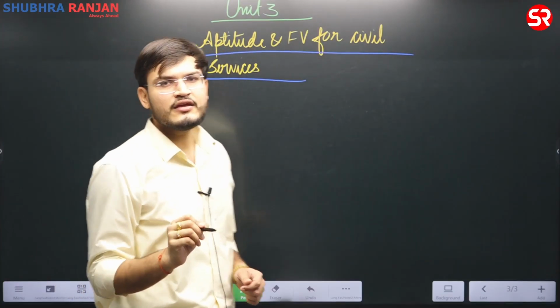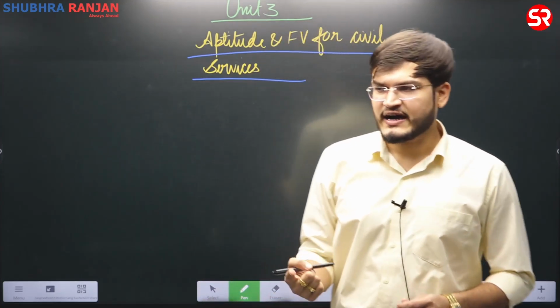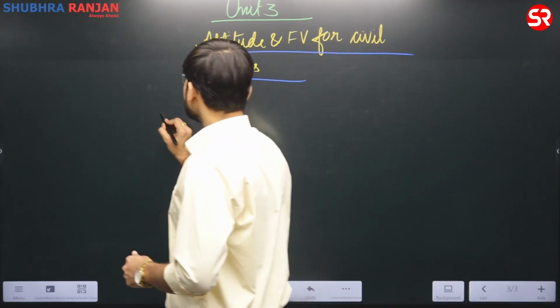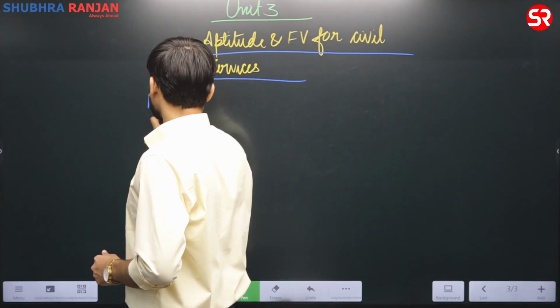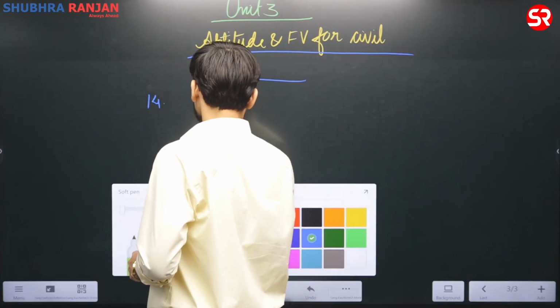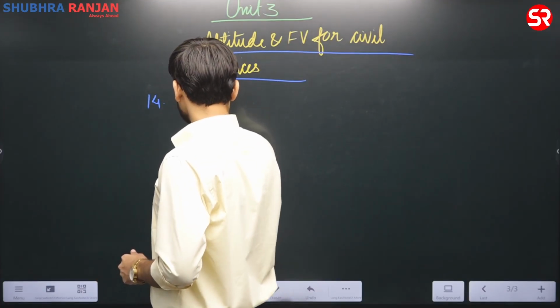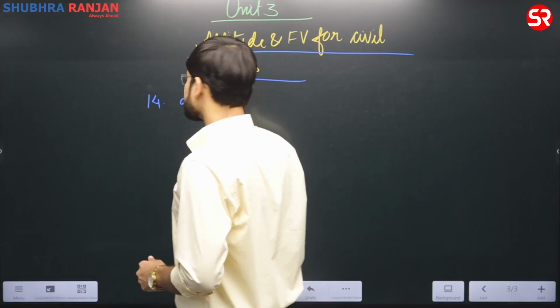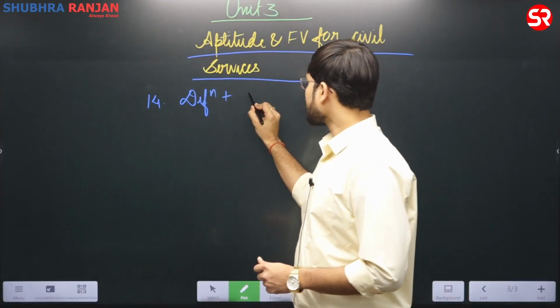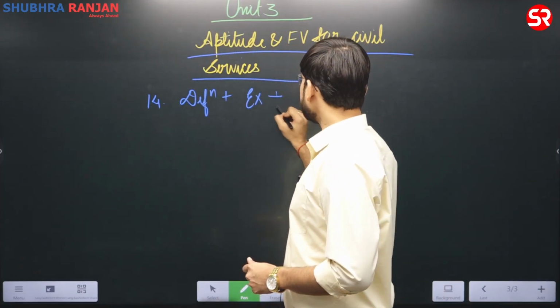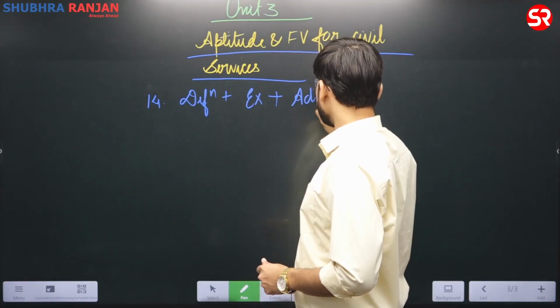Now if you see unit number 3, they can ask questions from three aspects: their definition, examples, and their role in administration.